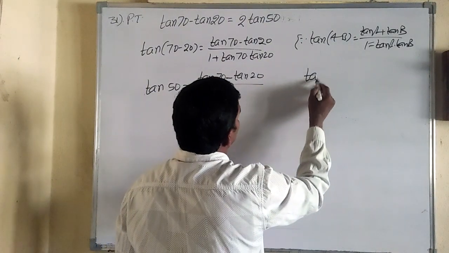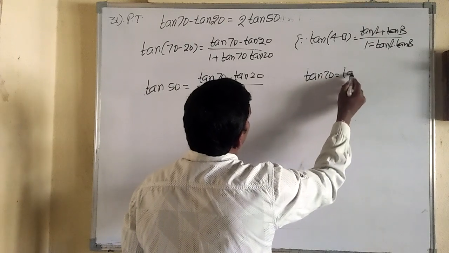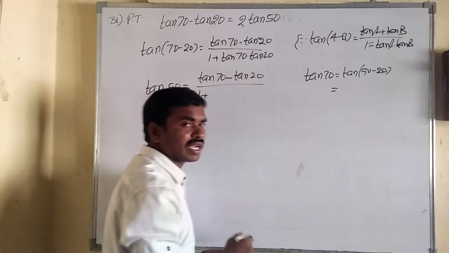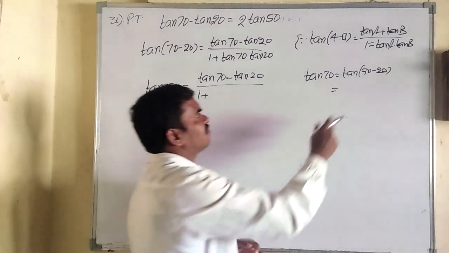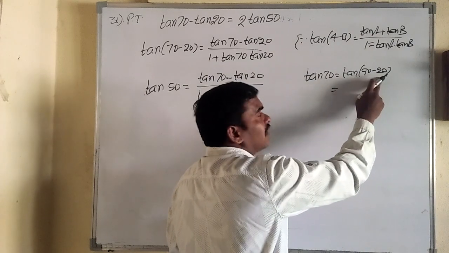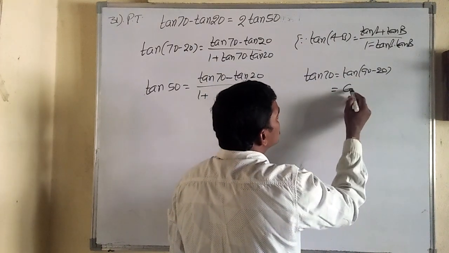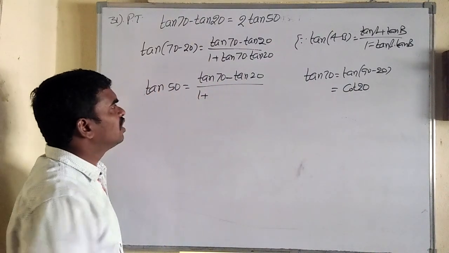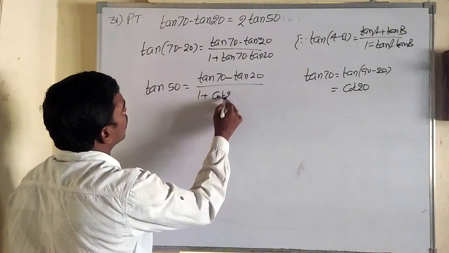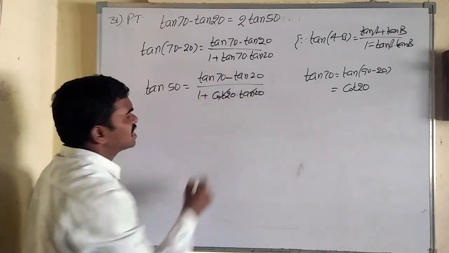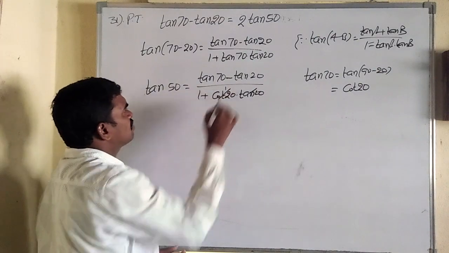So tan 70, I am writing as tan of 90 minus 20. I'm not applying the tan of a minus b formula here, because for 90 we know the value. Tan of 90 minus theta becomes cot theta. So instead of tan 70 we can write cot 20 into tan 20 as it is. Cot into tan, reciprocals, becomes 1.